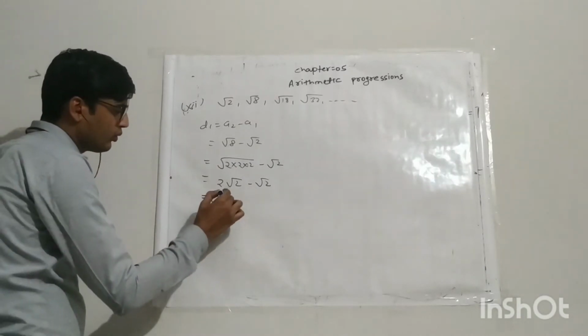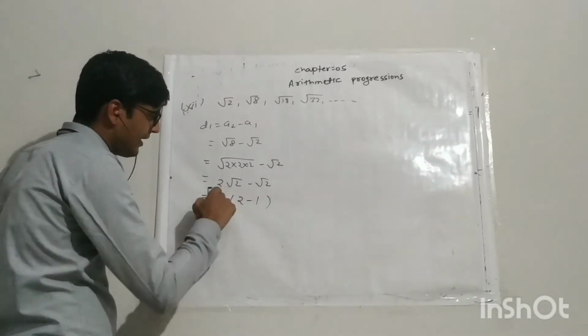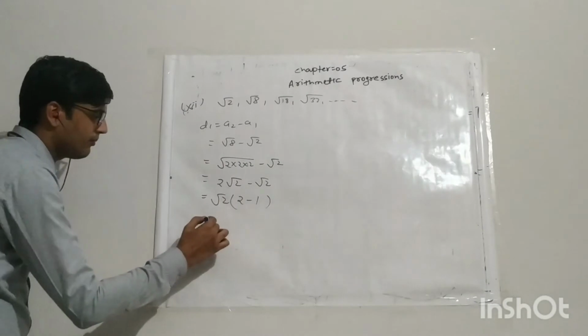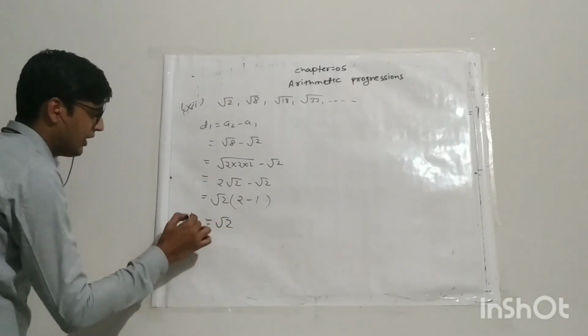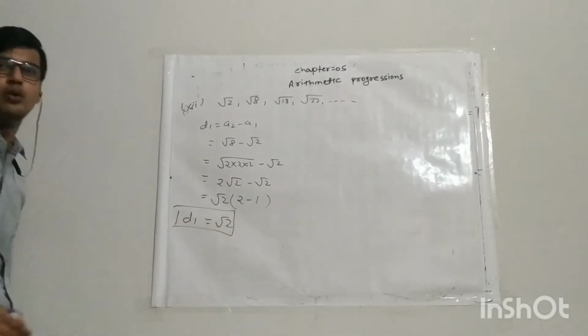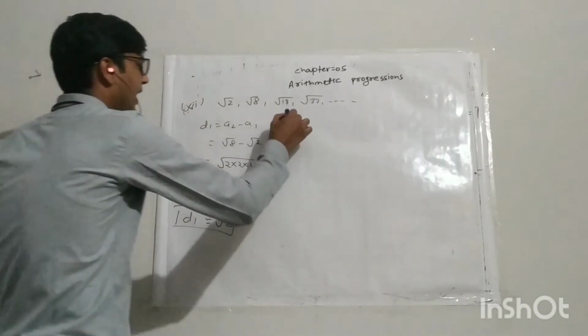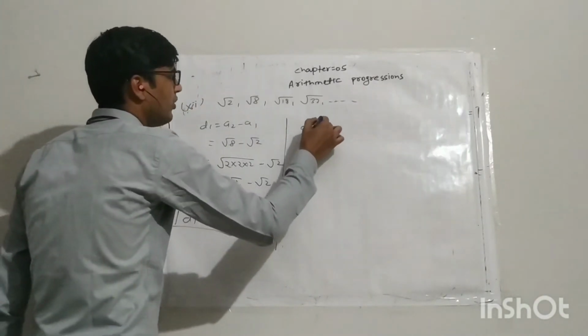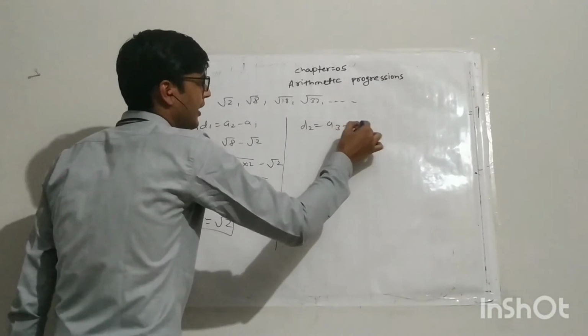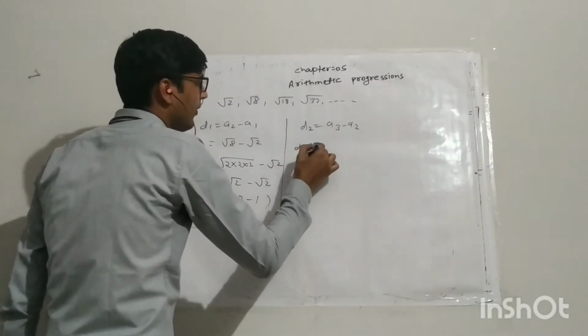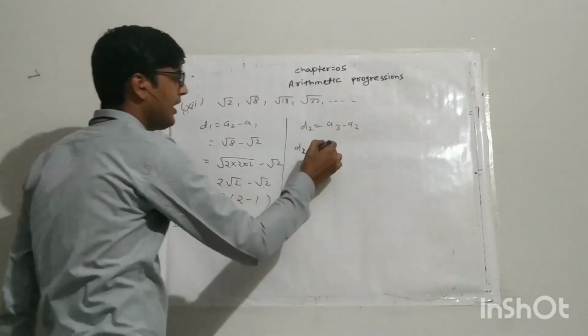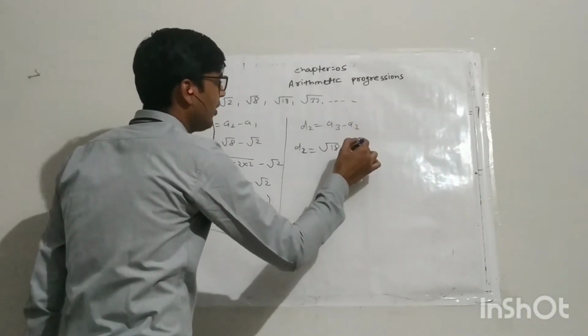Now we take root 2 as common, so we get 2 minus 1, which becomes simply 1. So the value of D1 is root 2. Now I find the value of D2. D2 is A3 minus A2. The value of A3 is root 18 and the value of A2 is root 8.